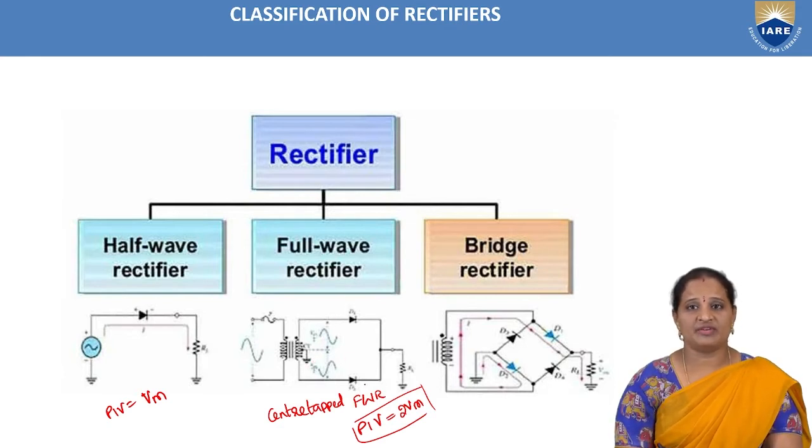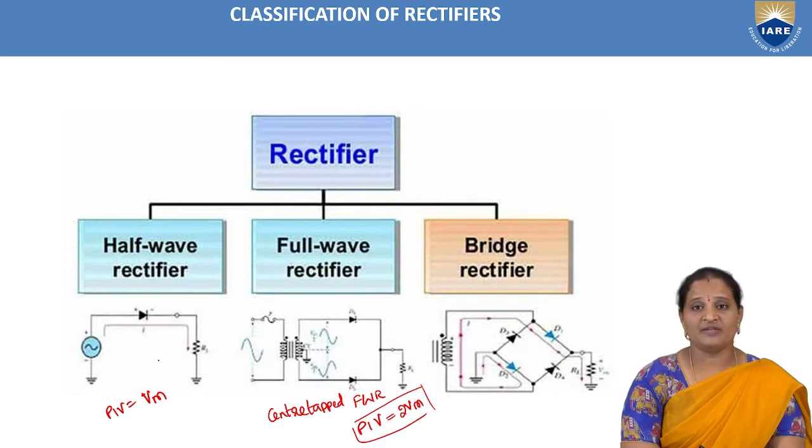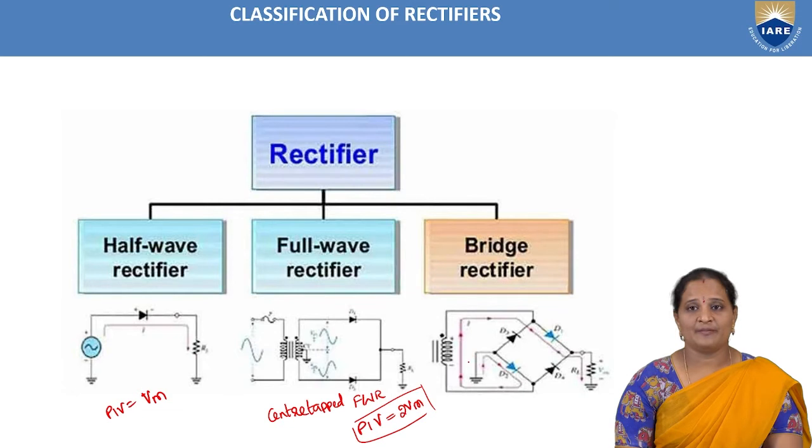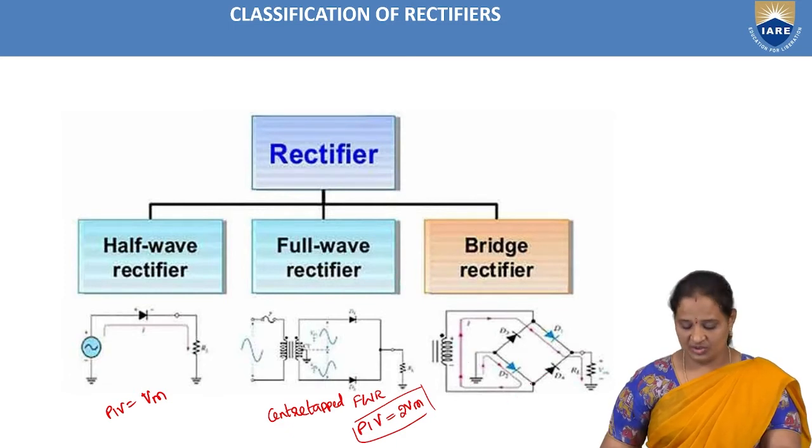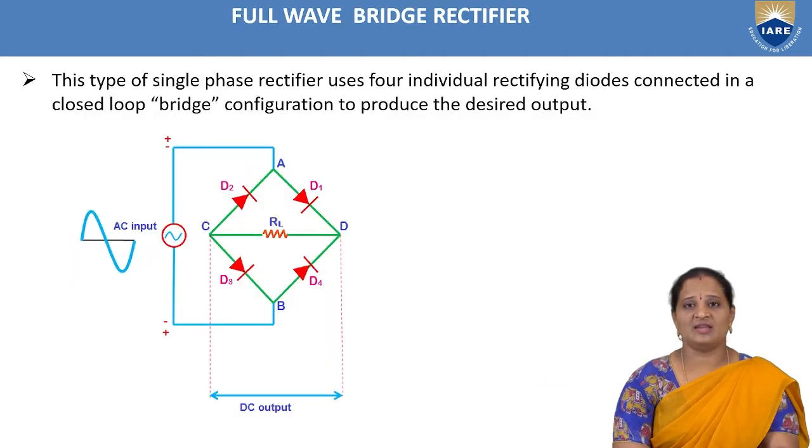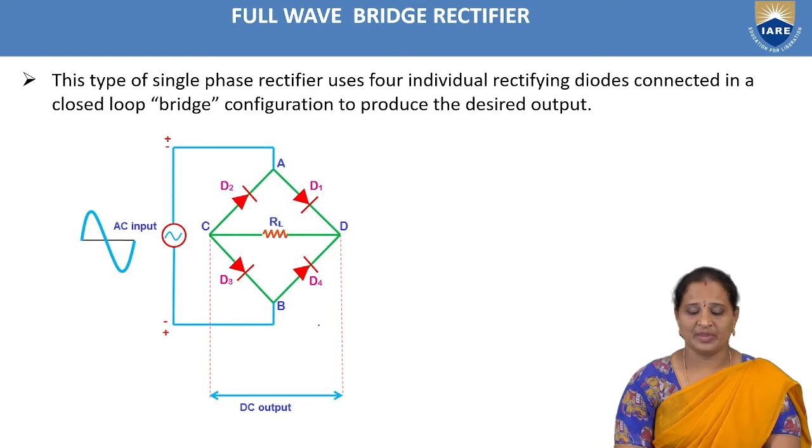In the center tap full-wave rectifier we use two normal PN junction diodes, and in the half-wave rectifier only a single PN junction diode. Coming to the bridge rectifier, we use 4 diodes connected in a bridge-like structure at the secondary winding of the transformer. This is the structure of the bridge rectifier. Let us see the circuit diagram of the bridge rectifier in detail.